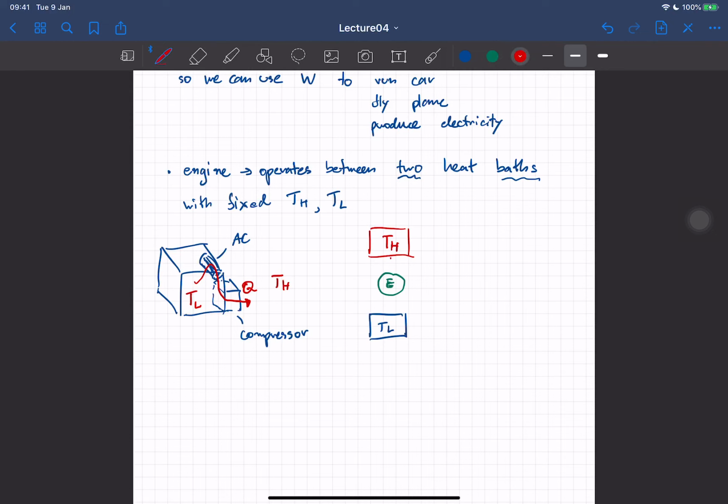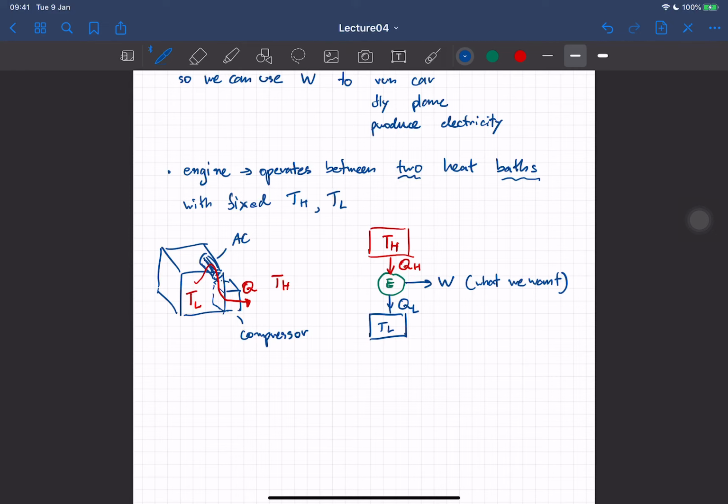The engine will try to extract heat from the hot side, and then it will try to convert this extracted heat into useful work that we can use. So essentially W is what we want. And because there's a limitation on how efficient this engine can be, you cannot convert all the heat into work. You need to throw away some heat into the low side like this.